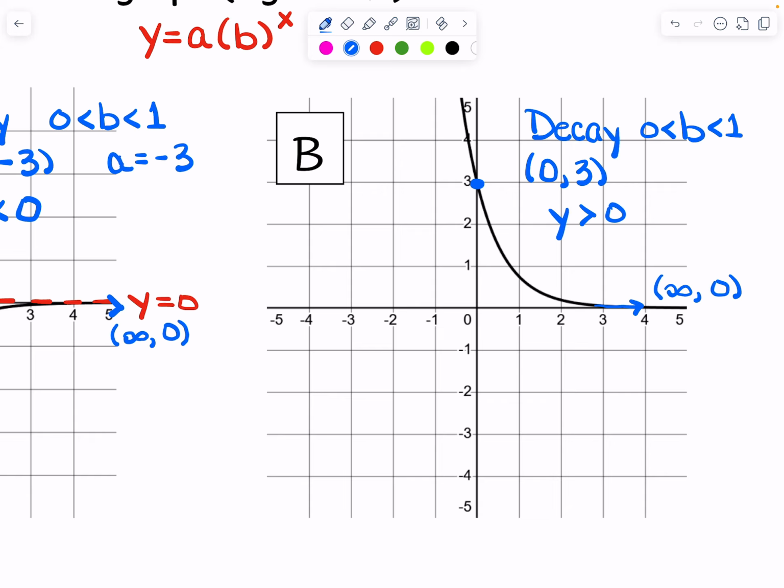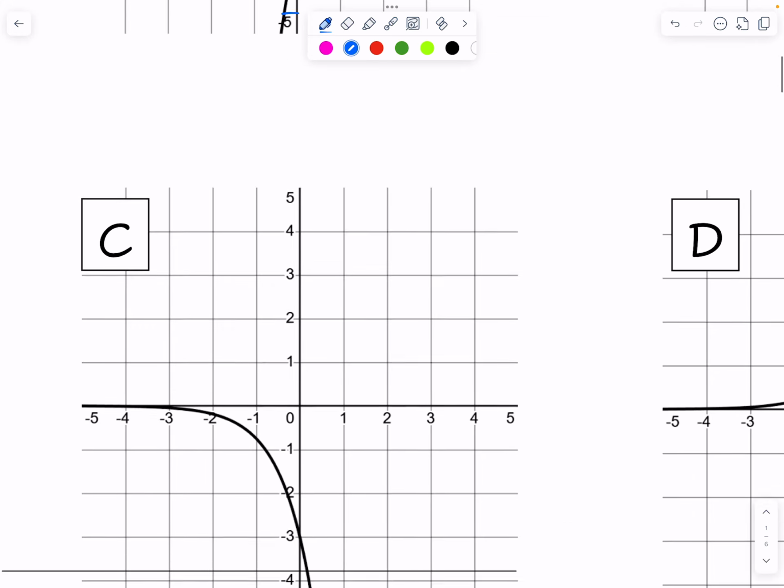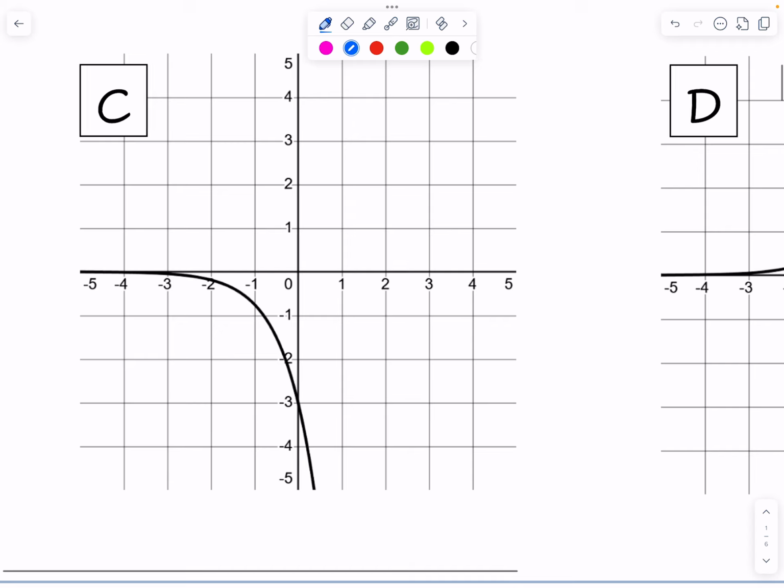All right, let's go to graph C. On this one, from left to right, the graph is getting away from the x-axis, so that means this one is a growth. It's a negative growth, but it's still a growth just because the right side is getting away from 0. So this is when B is greater than 1.